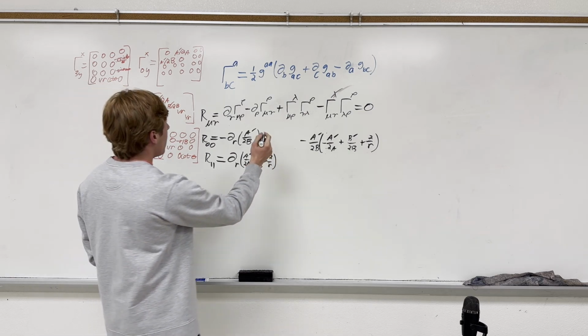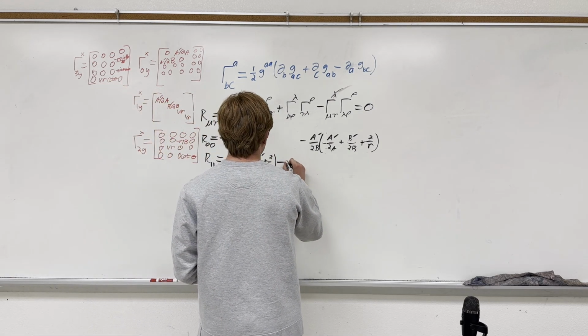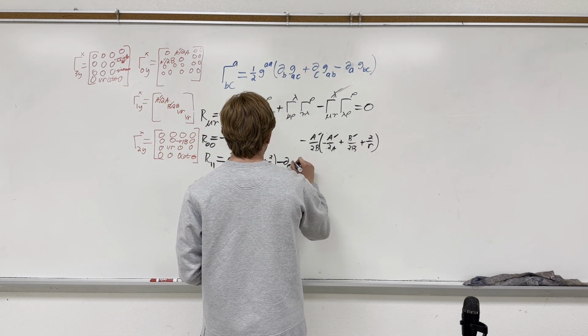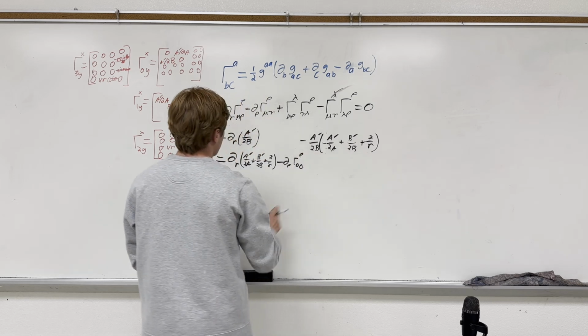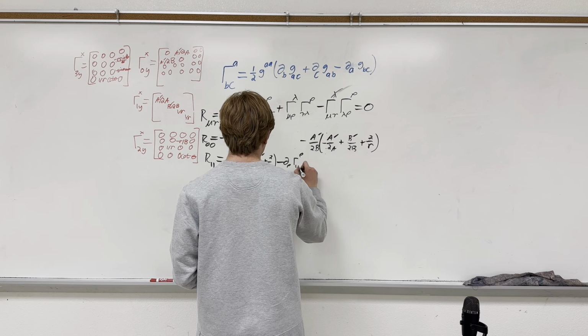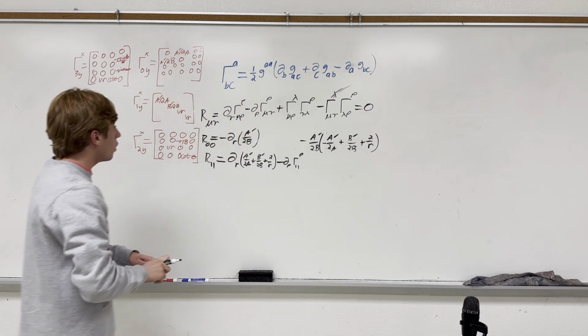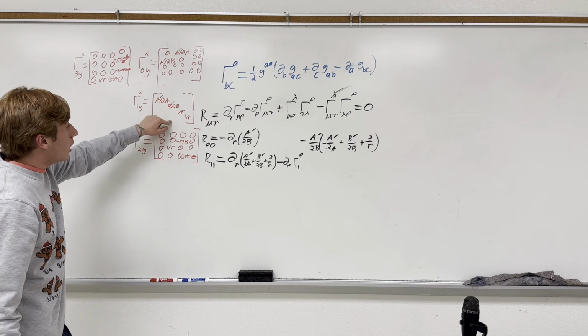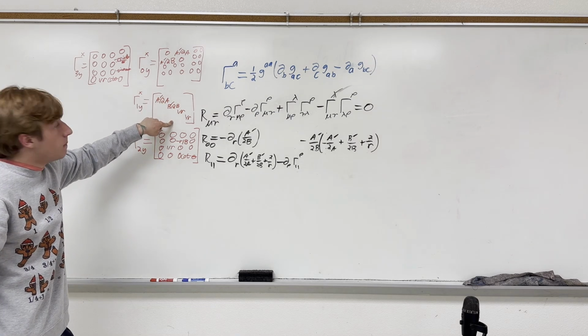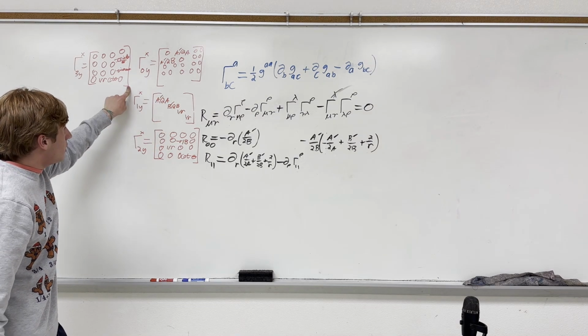So now our next term, we have minus partial rho and then gamma rho 0, 0. Or sorry, 1, 1. I do apologize. But you see here, 1, 1. So we've got y equal 1, our columns equal 1. The only time that is not 0 is when x equals 1 as well.